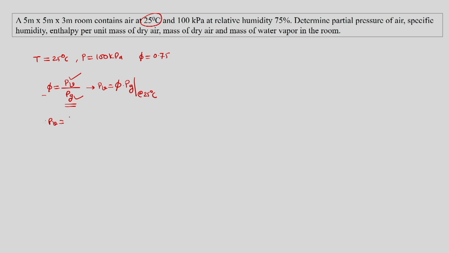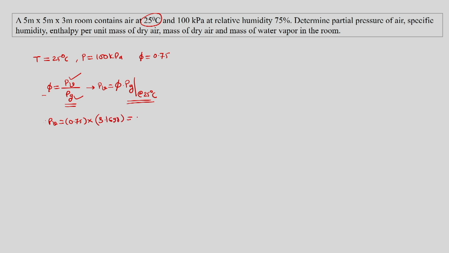So, PV becomes 0.75 into this pressure. Here we are going to make use of the steam table where temperature is the part at the left hand side, where we are going to identify the saturation temperature 25 degrees Celsius and go ahead. So, for 25 degrees Celsius pressure is 3.1698 kPa.